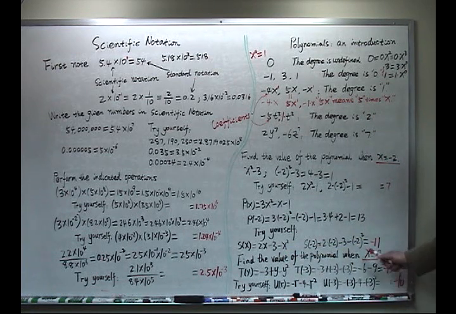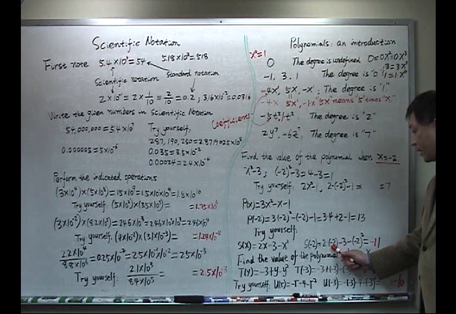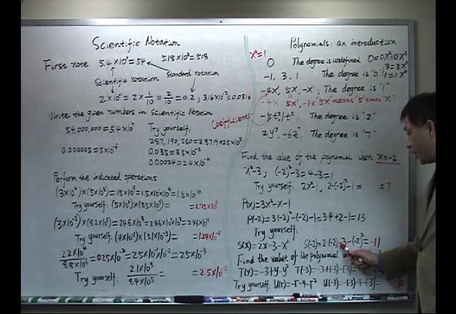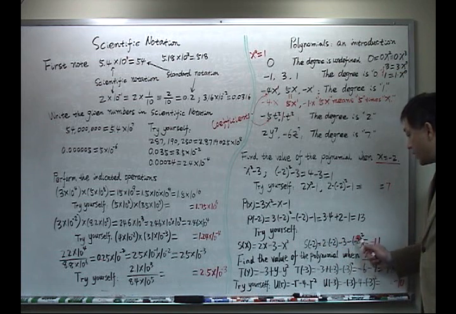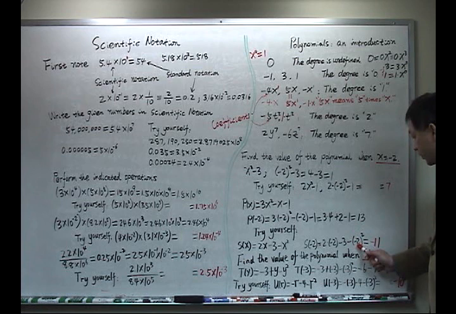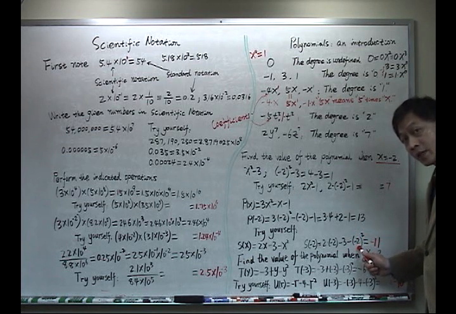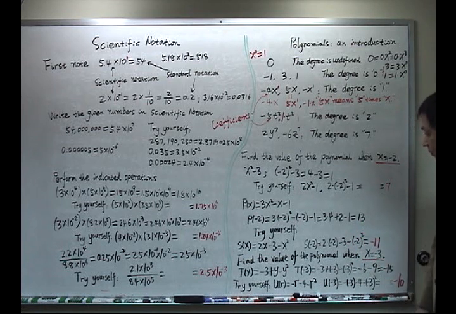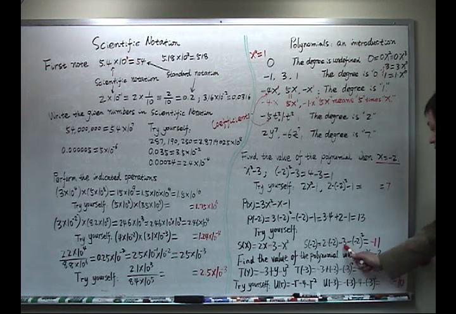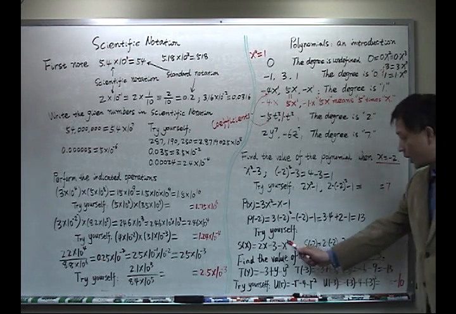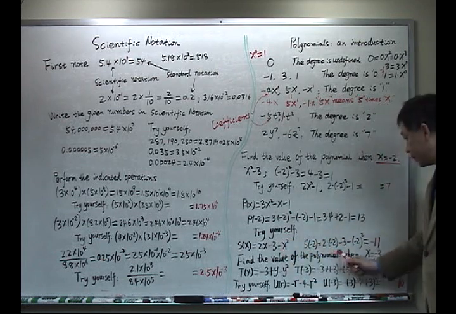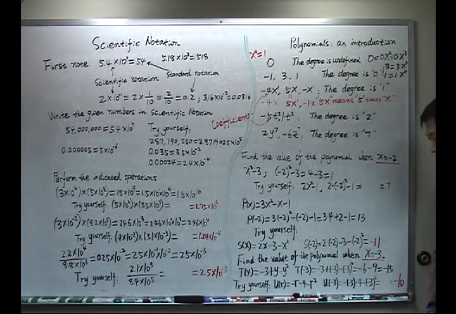So you should have negative 2 squared right here. Now 2 times negative 2 is negative 4, minus 3 is negative 7, minus 4. Negative 2 squared is negative 2 times negative 2, which is positive 4. So negative 7 minus 4 is negative 11. Try it yourself. You should be able to get that.